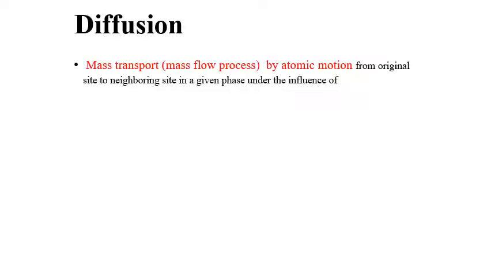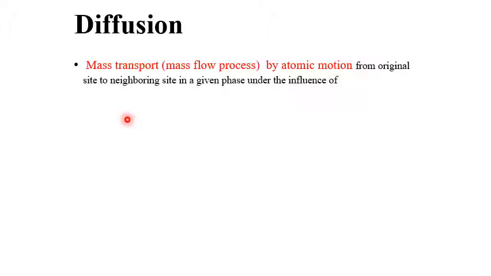Now diffusion, as the name itself indicates, means a material is diffused into another. If there is a space, then whatever material we are going to diffuse into the other can occupy the space. If there is no space, then the material will not be able to be accommodated.